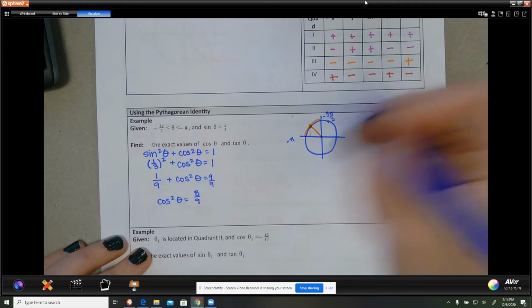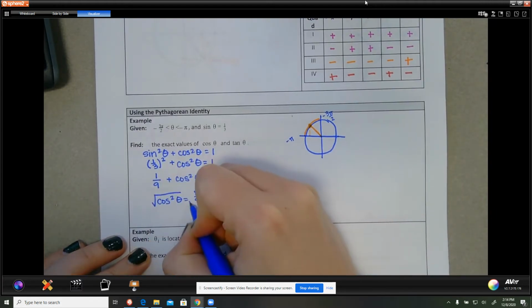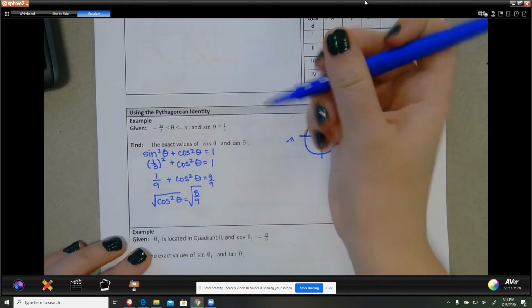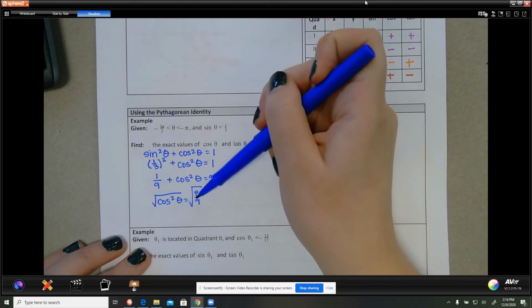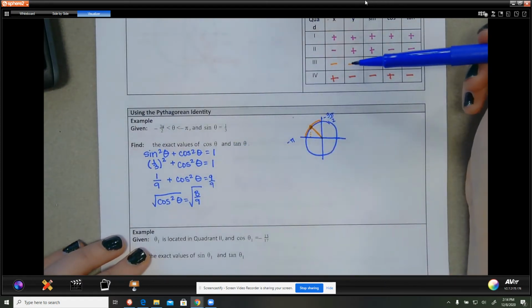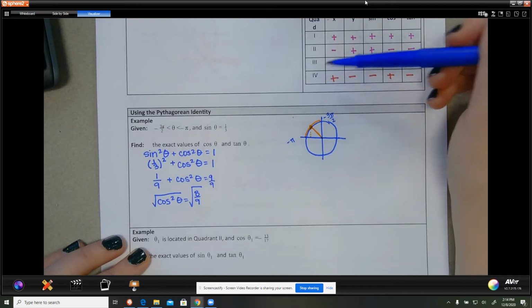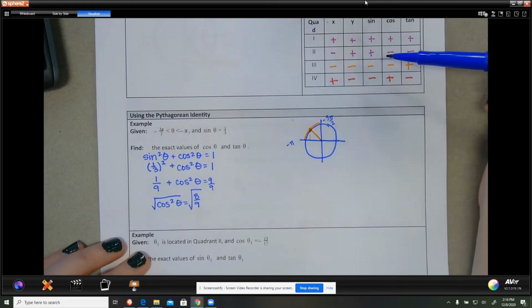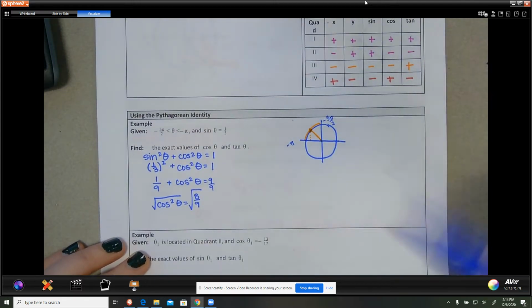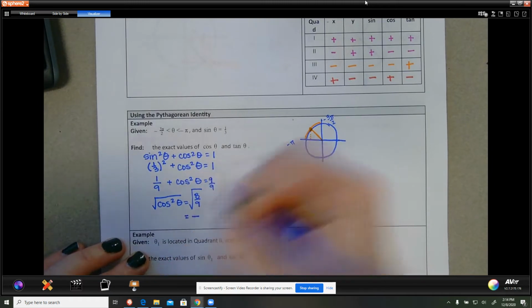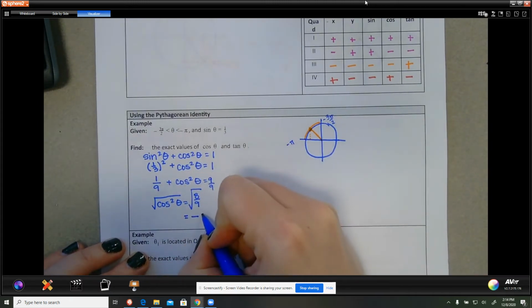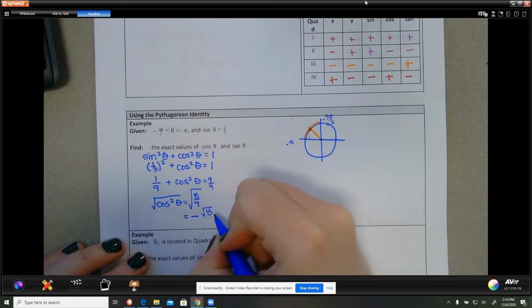When I take the square root of both sides to find cosine, remember square roots can be positive or negative, and I want the negative version because this is in the second quadrant. So cosine is negative. The square root of 8, I don't know off the top of my head, so I'll leave it like that. The square root of 9 is 3.